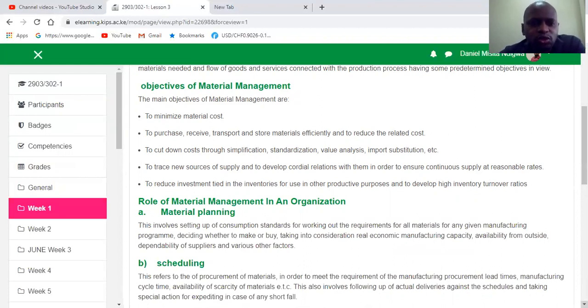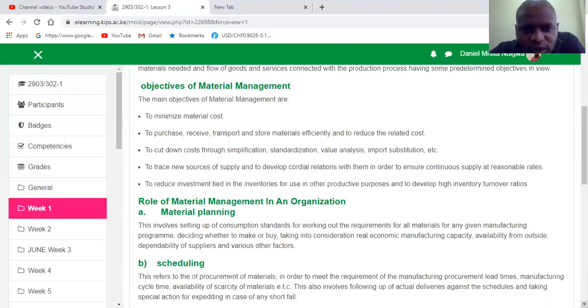It also leads to cutting down on costs, therefore leading to simplification, standardization, value analysis, and import substitution. So you are able to substitute basically by ensuring you have a standard in place for your organization.